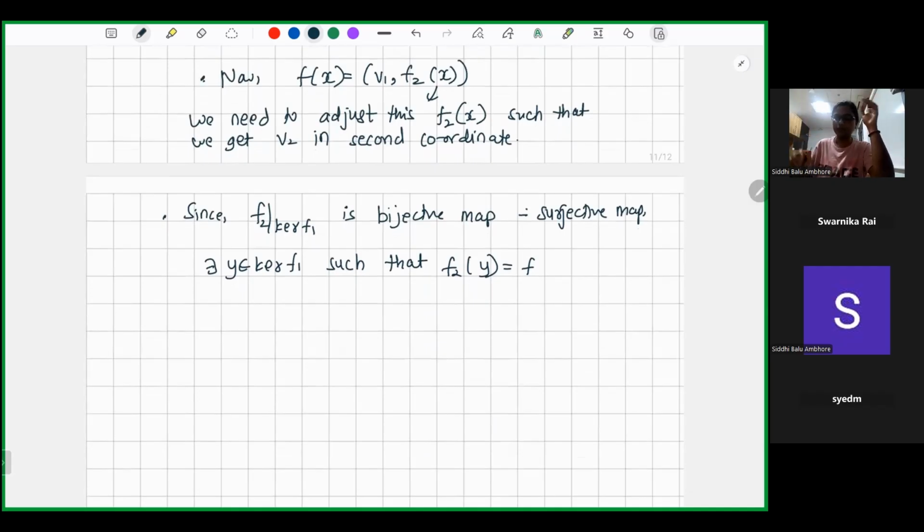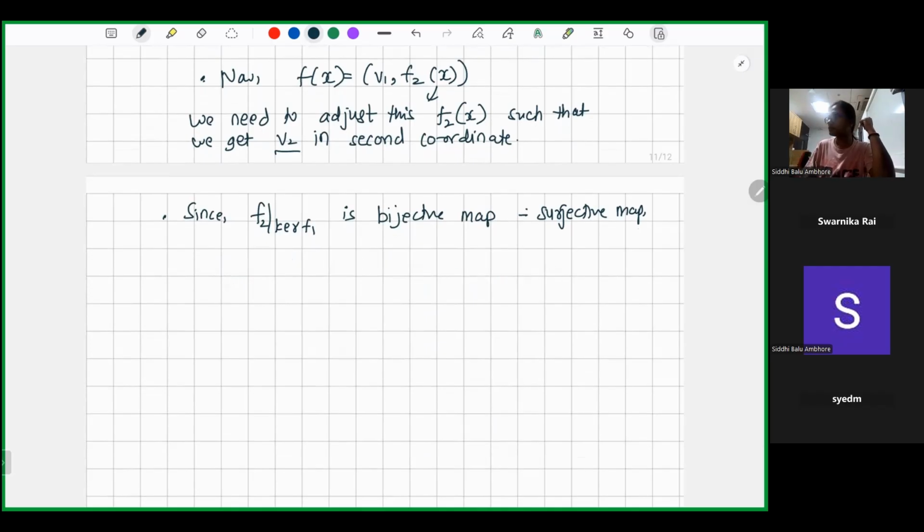That's what I wrote here: we need to adjust f2 of x such that we get v2 in the second coordinate. To do that, f2 restricted to kernel f1 is a bijective map, so it's surjective, and we will make use of that.